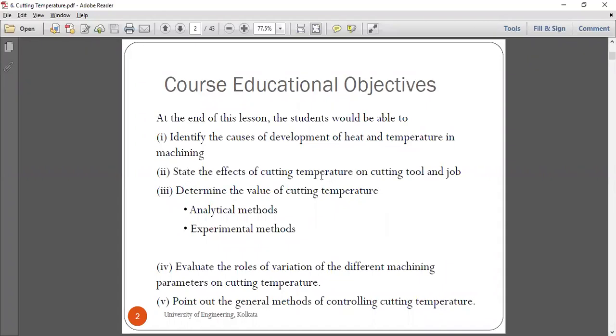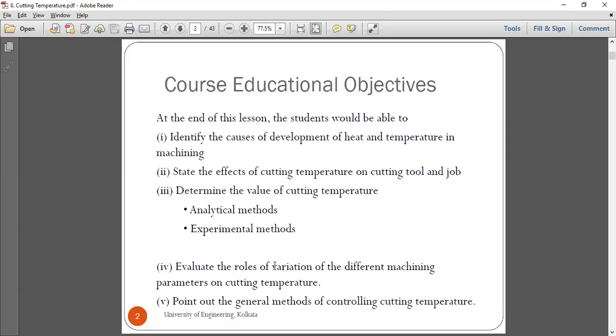So we'll discuss the effects of the cutting temperature on both the cutting tool and the job, and how it can be measured by analytical and experimental methods, and what is the role of variation if we vary the different parameters.